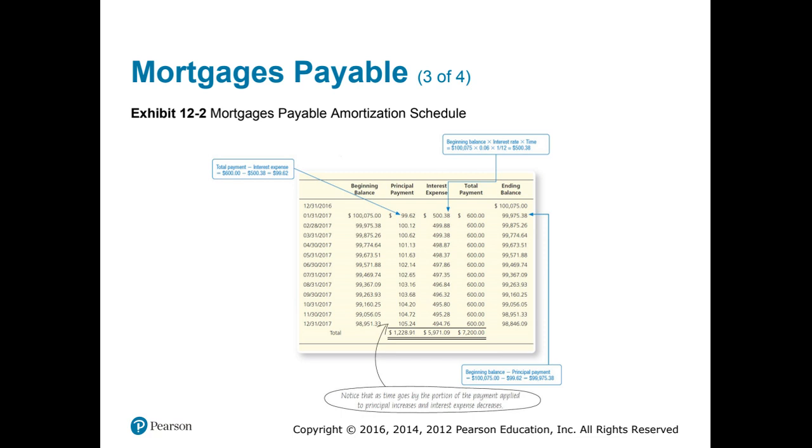You have beginning balance, principal payment, interest expense, total payment and ending balance. And that's the date. And then you would just kind of go from there and plug in what you have.